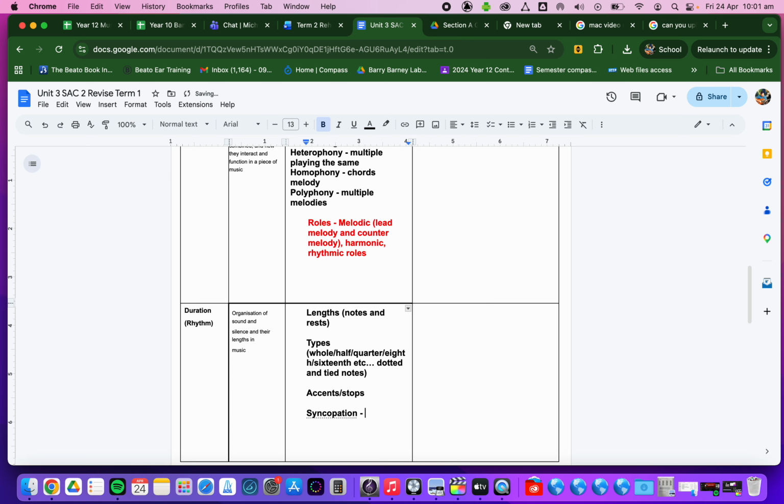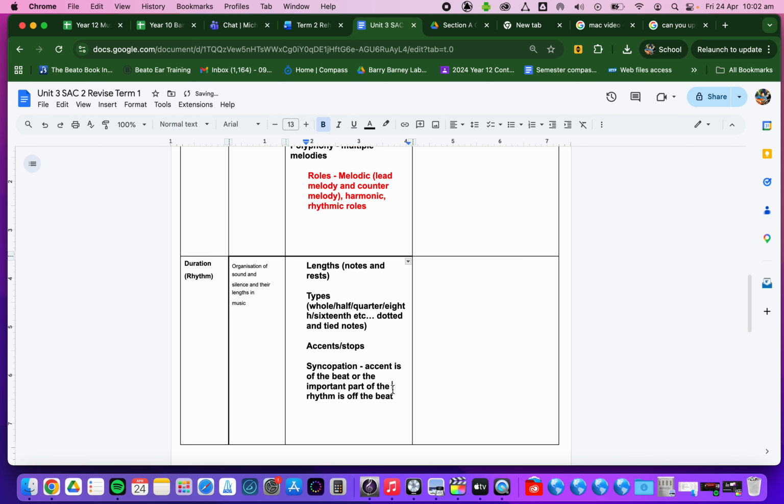Syncopation is when the accent is off the beat, or the important part of the rhythm is off the beat. Another good word for harmony, rhythm, and melody is ostinato, if you can describe the repetition.